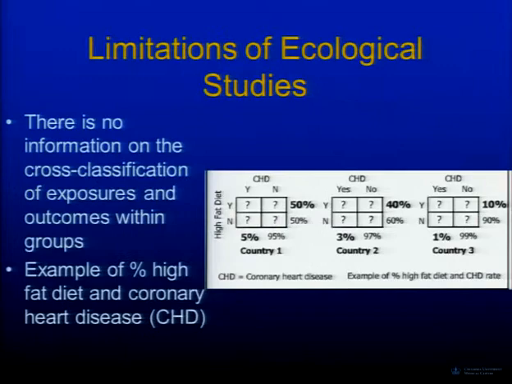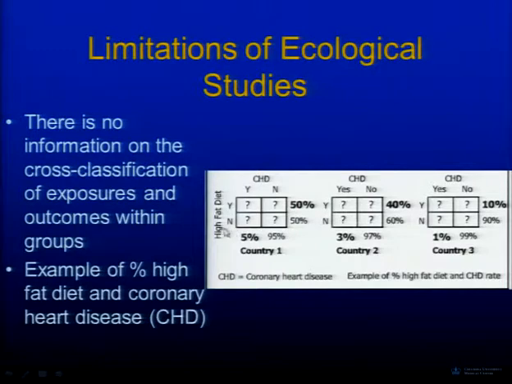So when we're talking about ecologic studies, for each country, we might know that the prevalence of coronary heart disease is 5, 3, or 1%. Like here is 5% coronary heart disease in country 1, 3% in country 2, and 1% in country 3. And we might know the fat intake, in terms of whether it is a high fat intake or not.